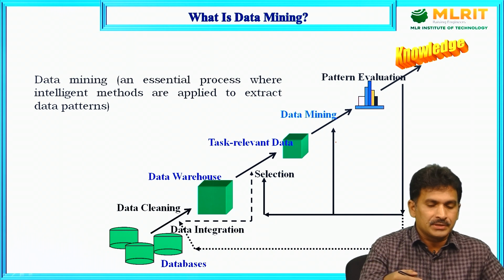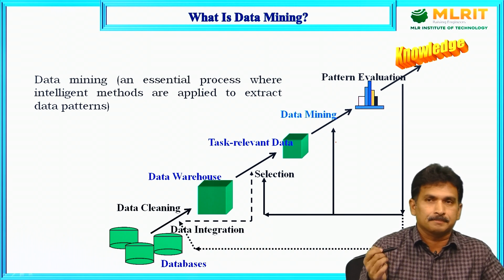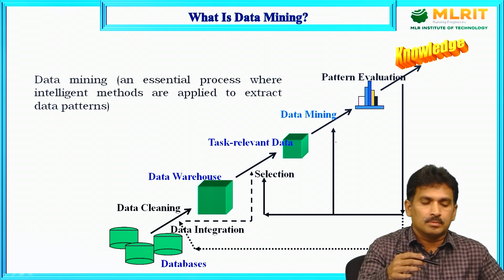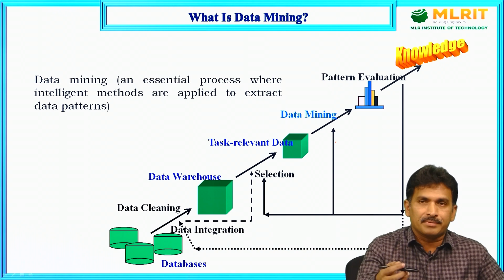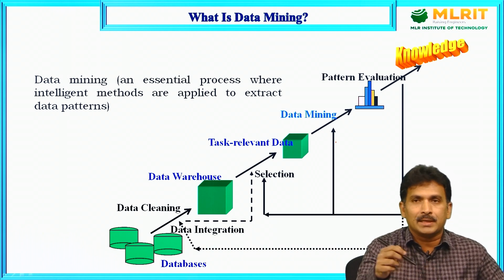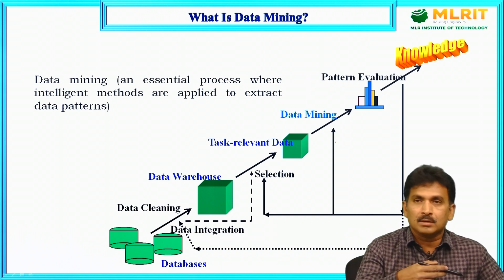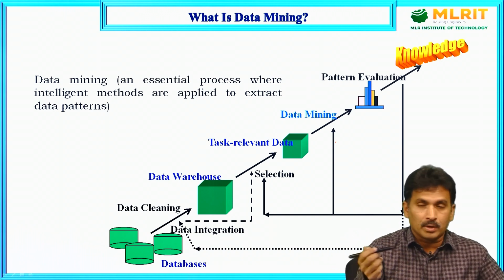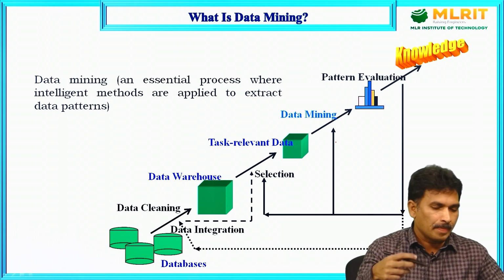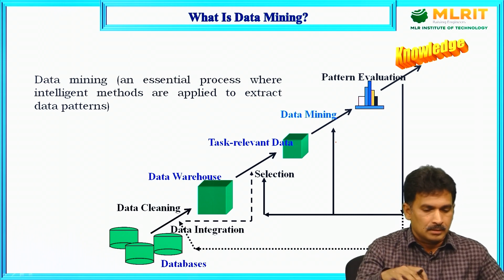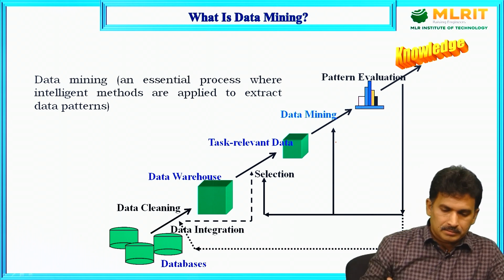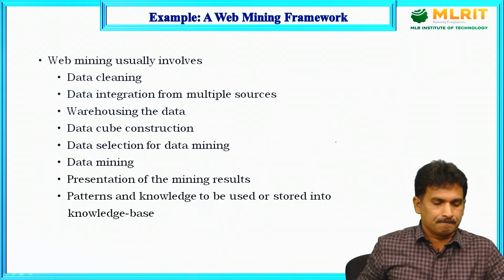It is an essential process where intelligent methods are applied to extract data patterns, like which products contribute more profit to the company, which contribute more loss, the top selling products, and how the sales go from the beginning of the year to the end, like quarter wise sales. These kinds of patterns could be analyzed or extracted by applying data mining techniques.